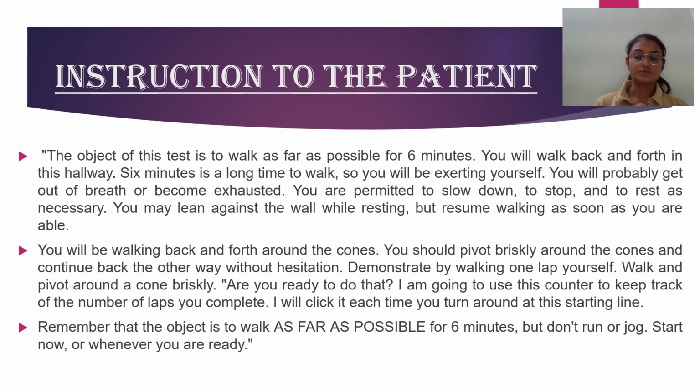I am going to use this counter to keep track of the number of laps you complete. I will click it each time you turn around at this starting line. Remember that the object is to walk as far as possible for 6 minutes, but don't run or jog. Start now or whenever you are ready.